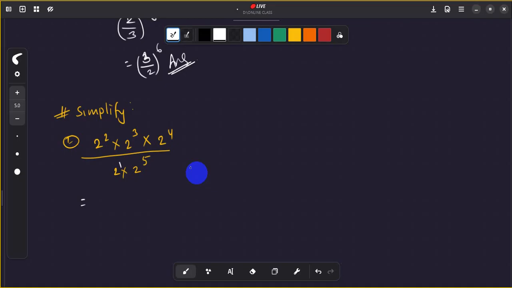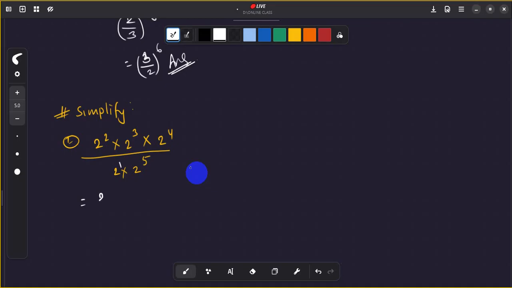And in the denominator, 2 power 1 into 2 power 5. Now, in the numerator, if the terms with the same bases are in multiplication form, then the powers will get added.